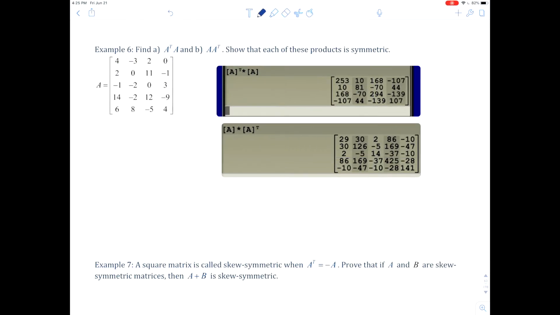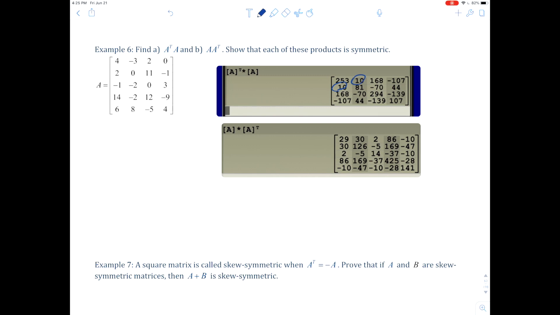Beautiful. So here we have the two products right next to each other, and notice for the first one, do you see that it is indeed symmetric? If you look at this, these 10s are the same, right?